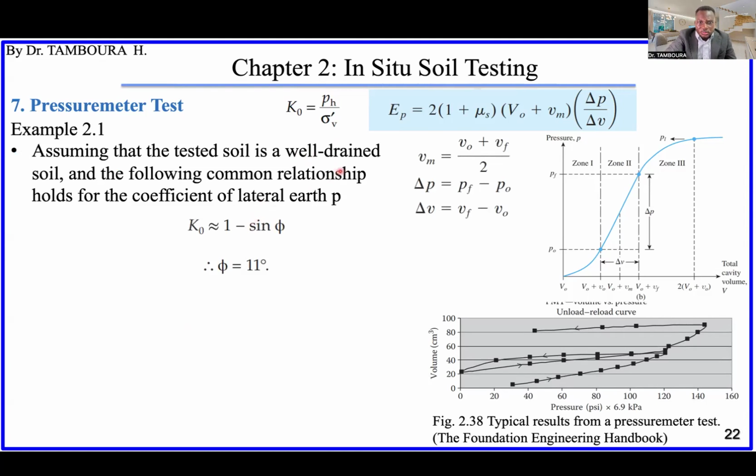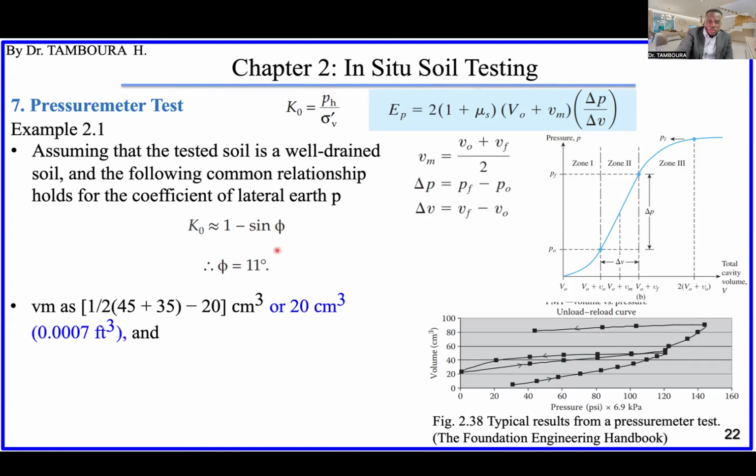But before going there, from this K naught, we can try to obtain the frictional angle. If we assume that this formula is correct, which is a very common formula to obtain K naught, 1 minus sine of the frictional angle. Since we know the K naught, we can obtain this just by using this relationship. It is about 11 degrees.